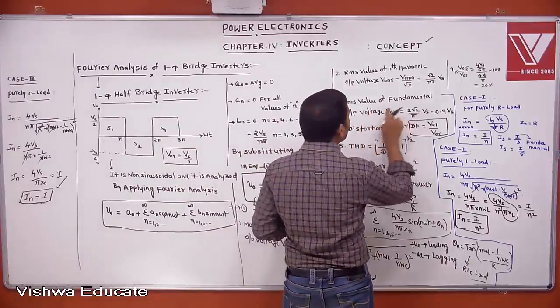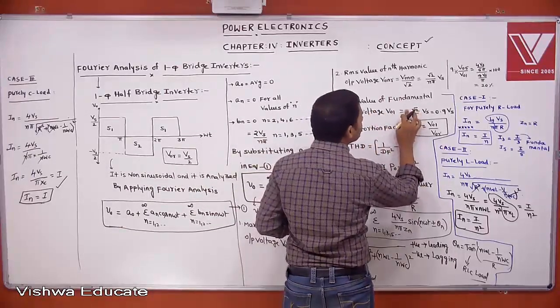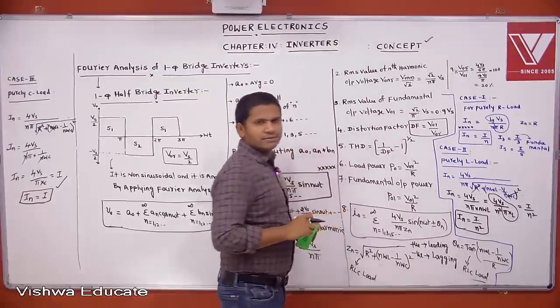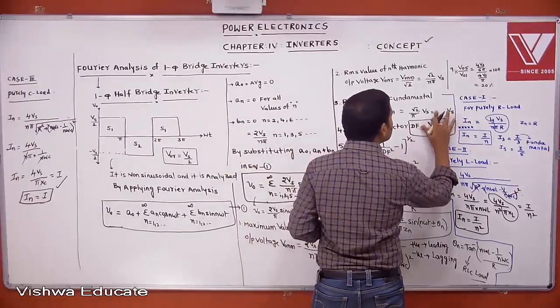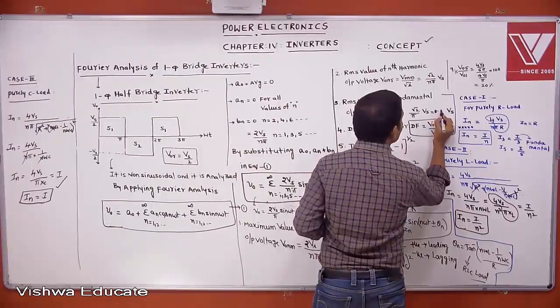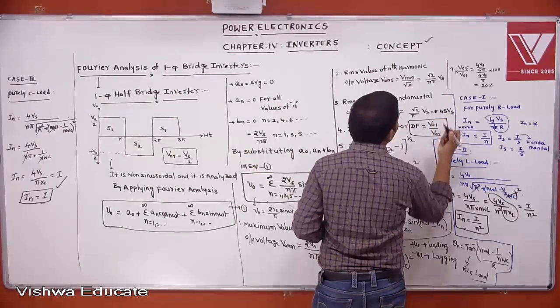The RMS value of fundamental output voltage, how much can you get? Root 2 by pi into Vs. What is the root 2 by pi value? That is 0.45. This is 0.45 Vs.